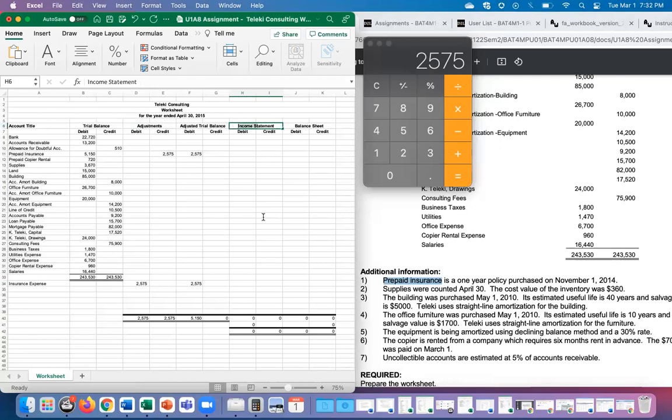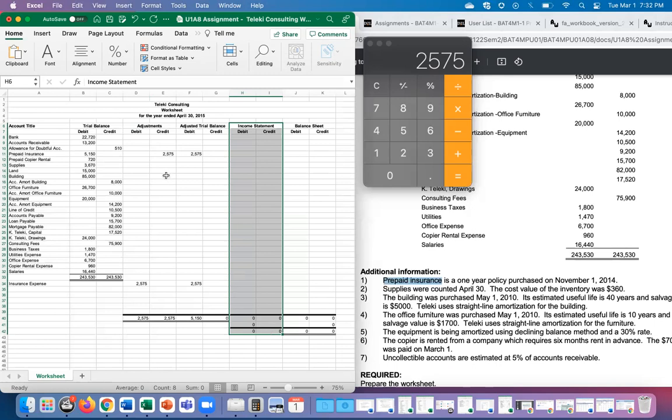Next thing is the income statement. Okay, so the income statement, you don't have to fill this out for every single transaction. Remember what's reflected on your income statement, which is your revenue and your expenses. So if it isn't a revenue account and it's not an expense account, then it's not going to be reflected on your income statement.